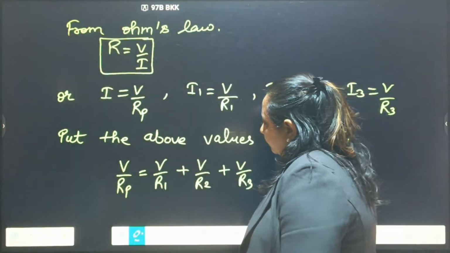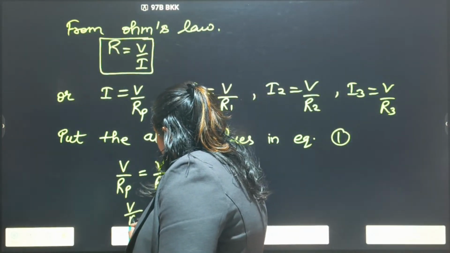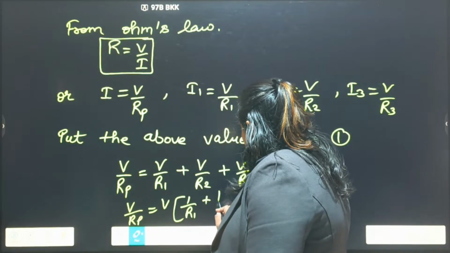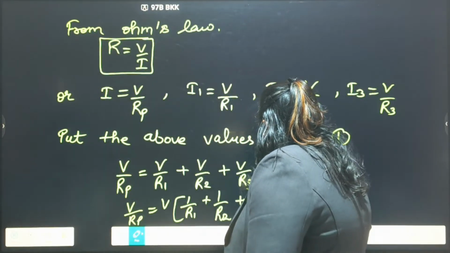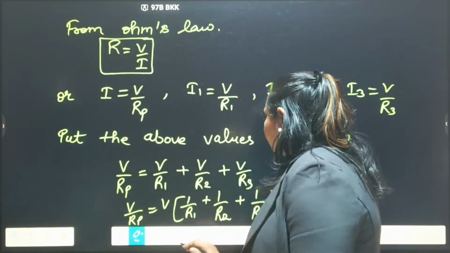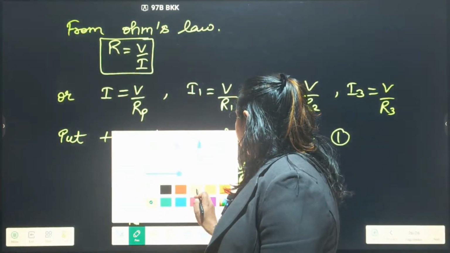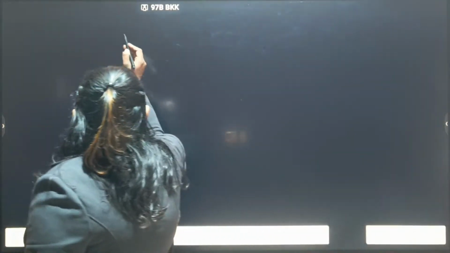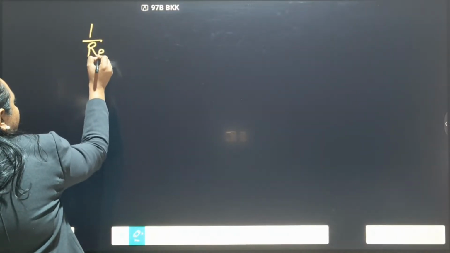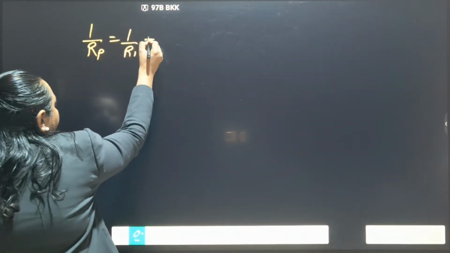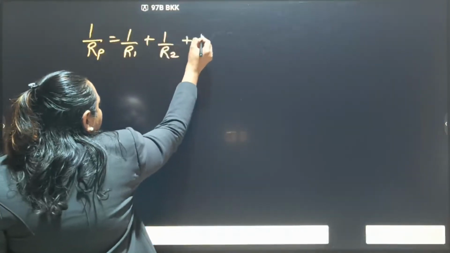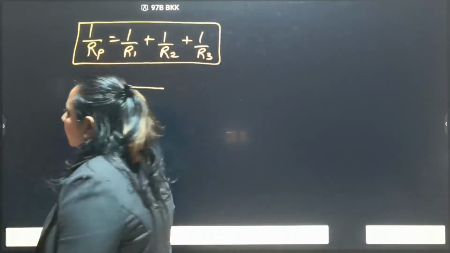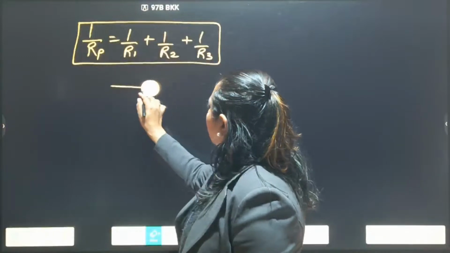Taking V common from this, so V over RP is equals to V, it's being 1 over R1 plus 1 over R2 plus 1 over R3. So V is cancelled out with the V. So what we have? 1 upon RP is equals to 1 over R1 plus 1 over R2 plus 1 over R3. This is the equivalent resistance of the parallel combination.